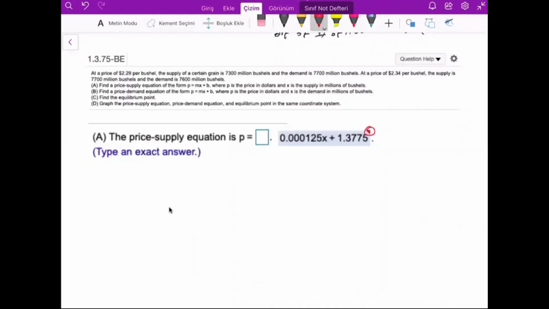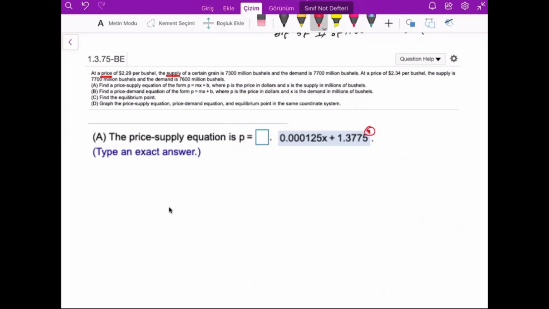At a price of 2.29 per bushel, the supply of a certain grain is 7,700 million bushels. This is the supply, okay? This is the price. So we talked about the cost function, but here we talk about the price-supply function.